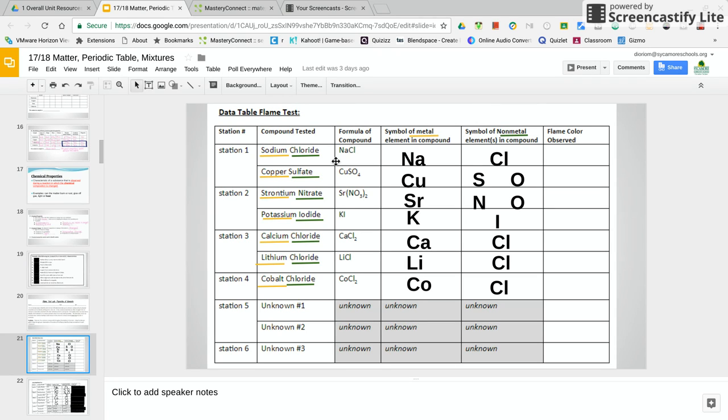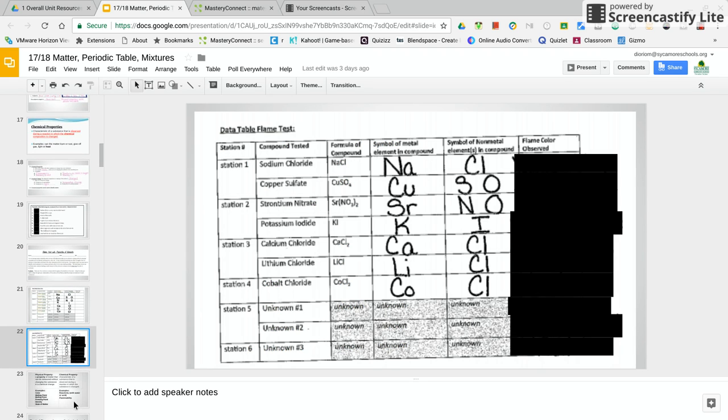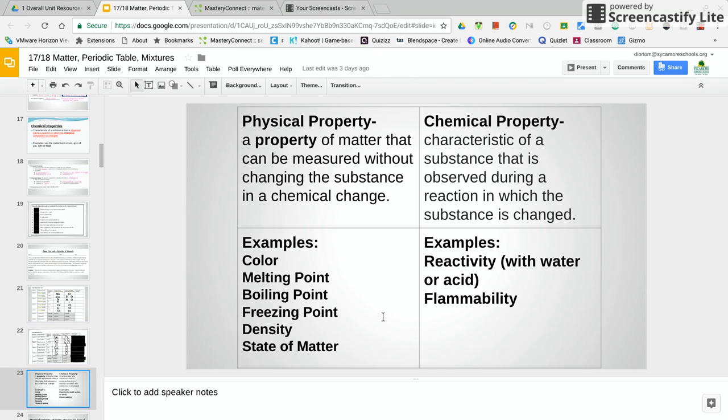But we determined its flame color was a yellowish orange color. And we looked at all the other compounds as well to determine what the chemical property was. Some other chemical properties are, does it react with water or does it react with acid? If you are putting acid on it and it's reacting, then you can't say that you have the same substance you started off with originally.